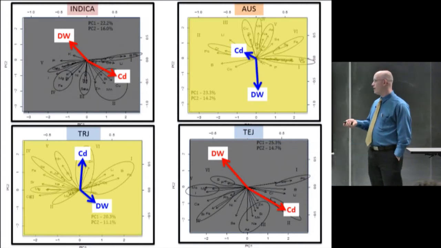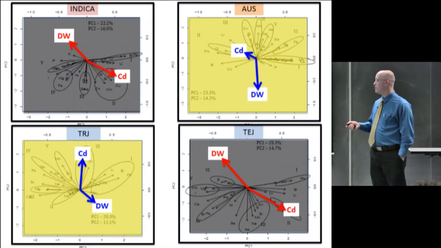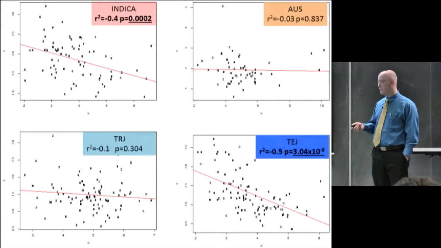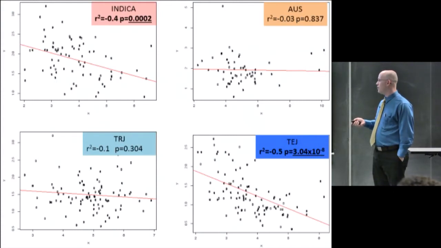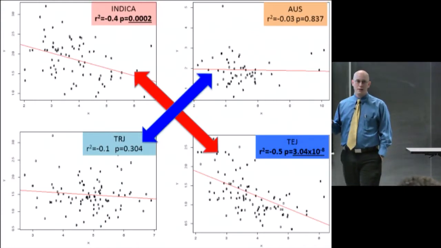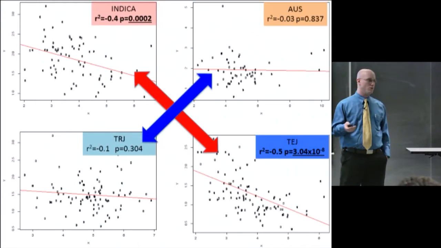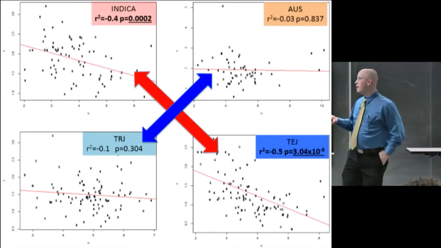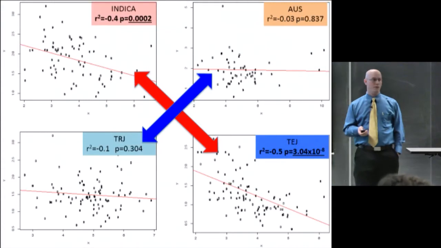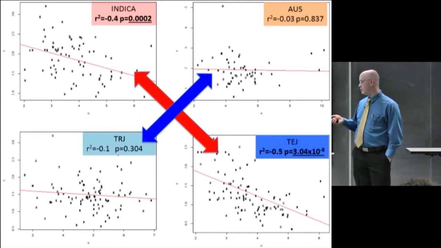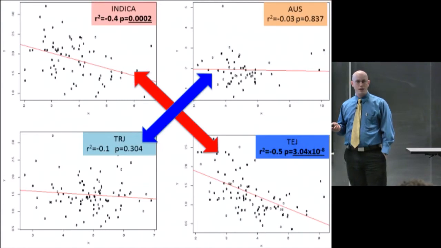So it turns out that if you look at these correlations, the indica and temperate japonica germplasm has a very strong and significant negative correlation with cadmium and dry weight. Aus and tropical japonica do not. So if it turns out that this hypothesis holds water, right, that cadmium concentrations went up as biomass went down, aus and tropical japonica might be good sources of germplasm to use in order to try and ameliorate that effect.